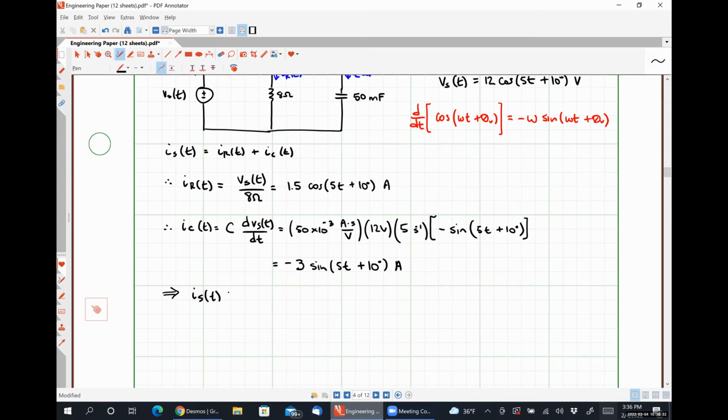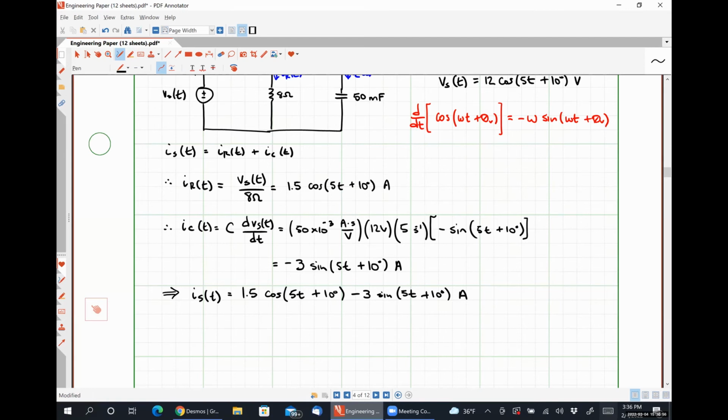And from this, IS of t is equal to 1.5 cosine(5t + 10 degrees) minus 3 sine(5t + 10 degrees) amps.